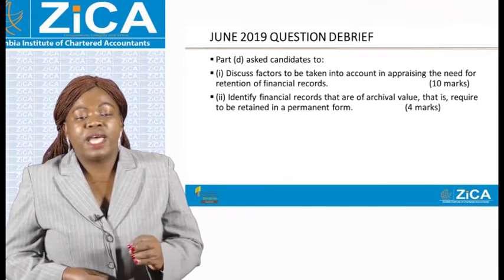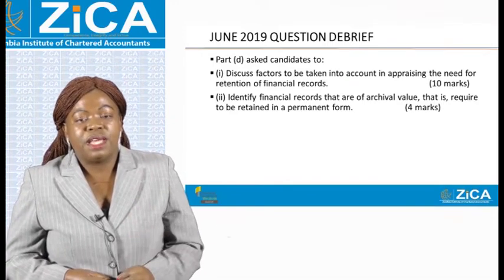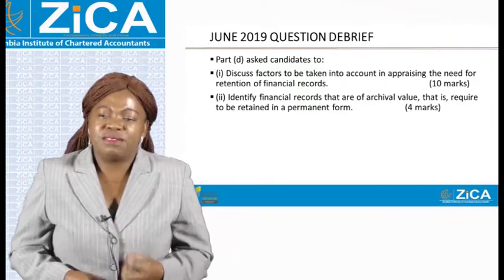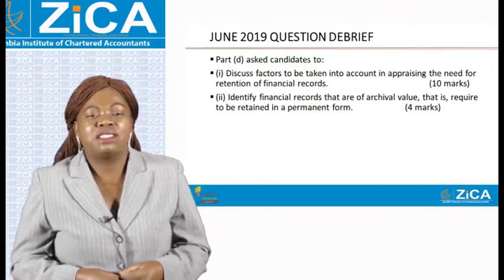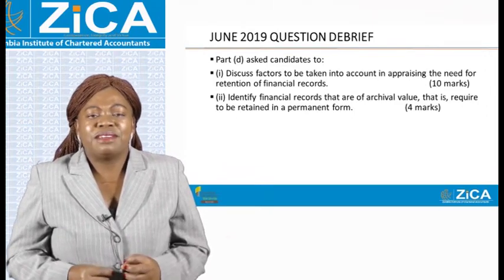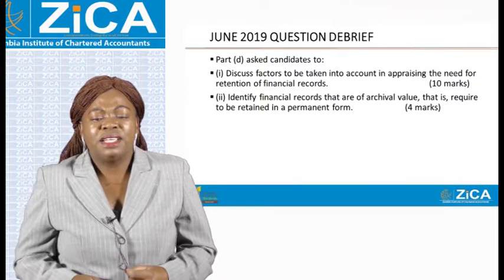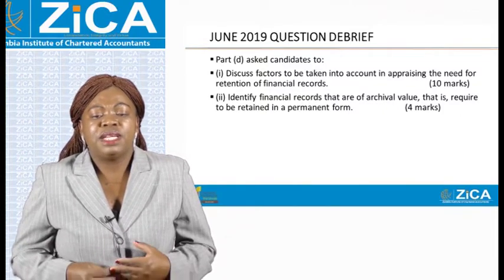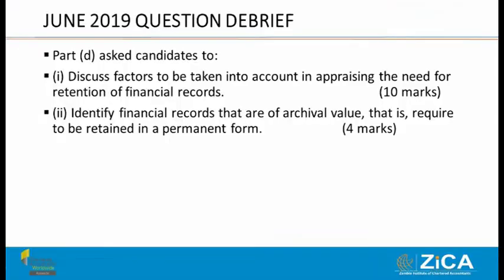So the key word and the common verb here is identify. When a question says identify, you are not required to provide any explanation. Simply identify the type of information that should be kept in permanent form in this particular organization or public sector entity.